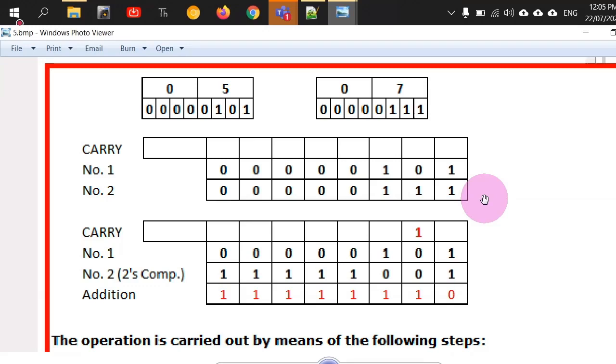We find the two's complement and then add them. Like we find the two's complement by finding the one's complement and adding one. Okay. Then we add the two numbers. Okay, that's correct. And then you add the two numbers. Then whatever is the result, is it accepted as it is, or are there some further rules to it?